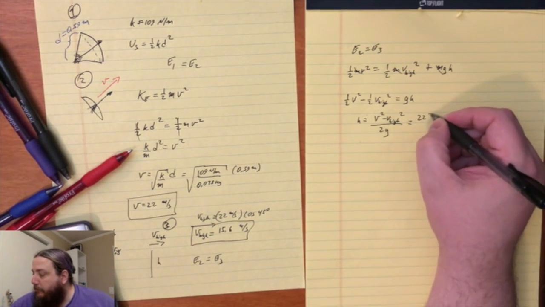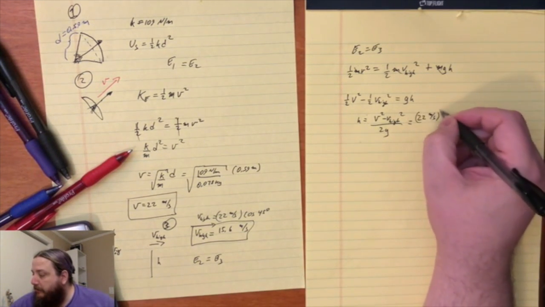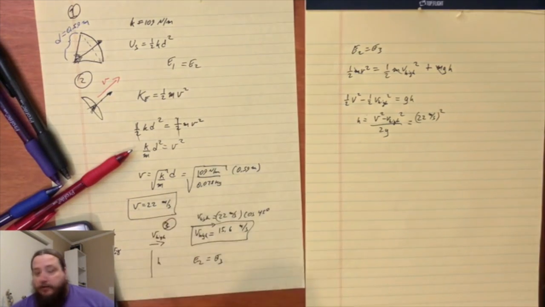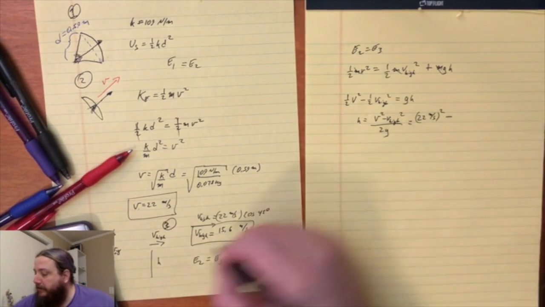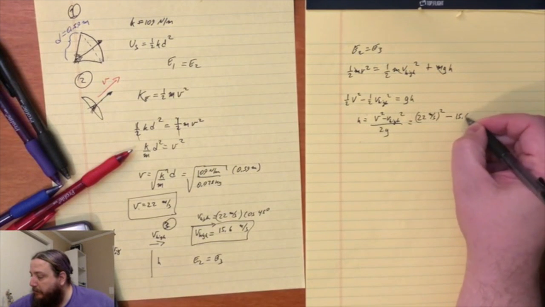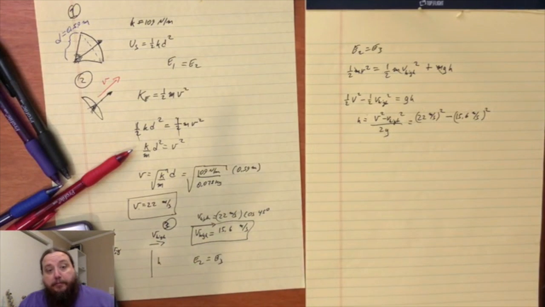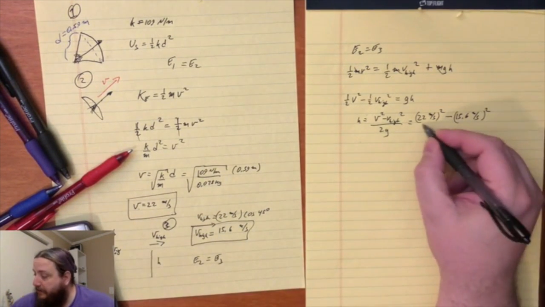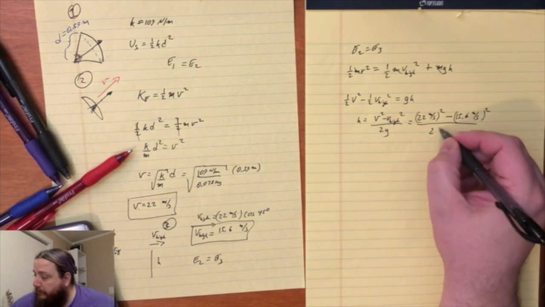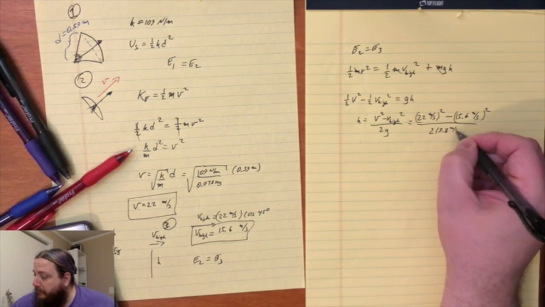That's 22 meters per second squared, the speed it comes off the bow, minus 15.6 meters per second squared, the speed of just the horizontal component of that initial velocity, divided by 2 times 9.8 meters per second squared.